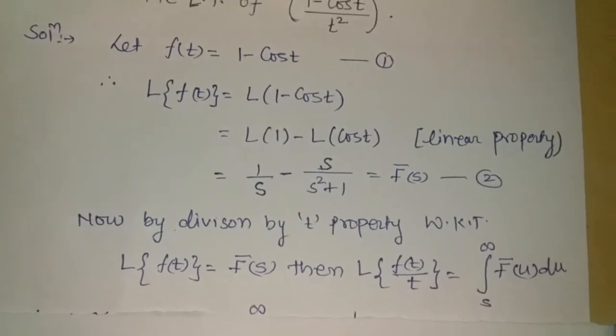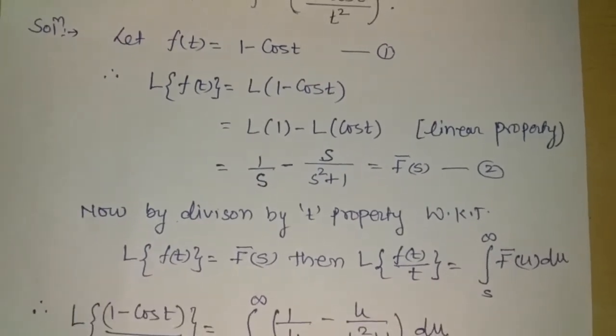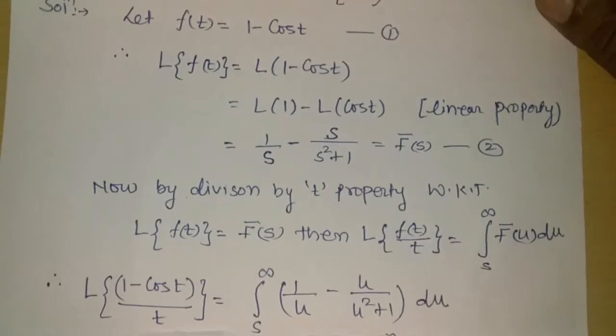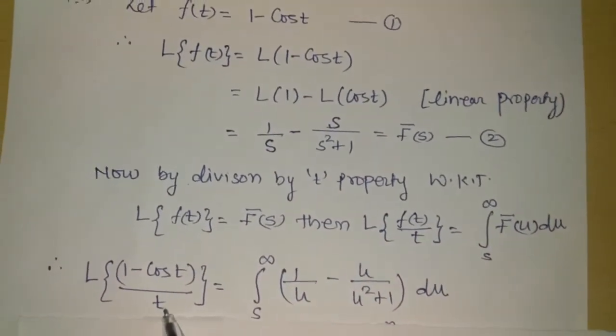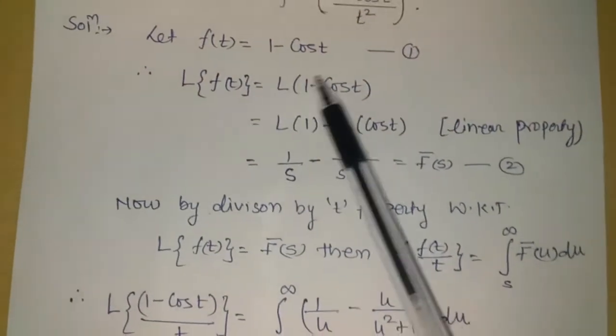So using the division property of Laplace transform, we get the Laplace transform of f(t) by t, and f(t) is what? 1 minus cos t.